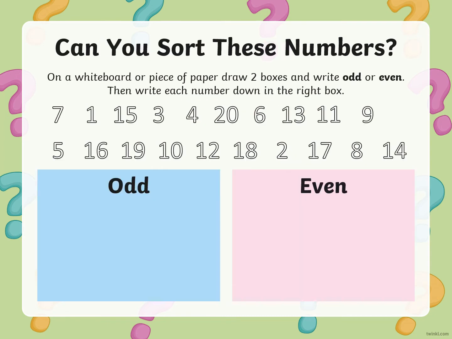Can you sort these numbers? On a whiteboard or a piece of paper, draw 2 boxes and write odd or even. Then write each number down into the right box.